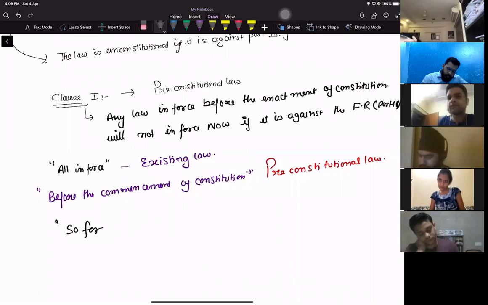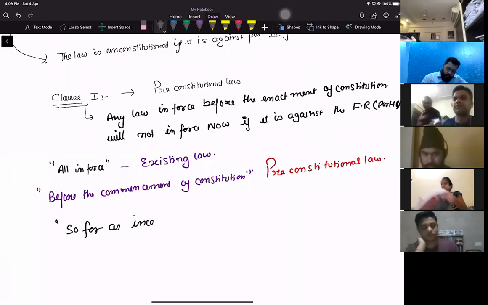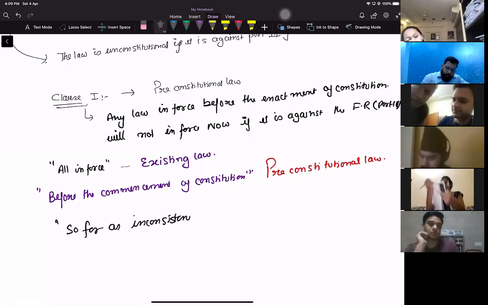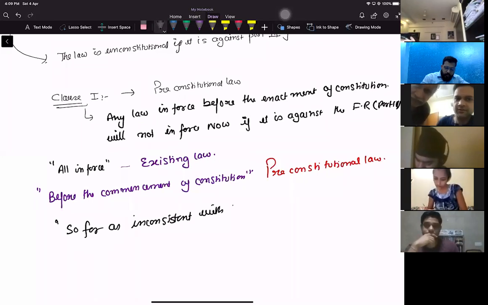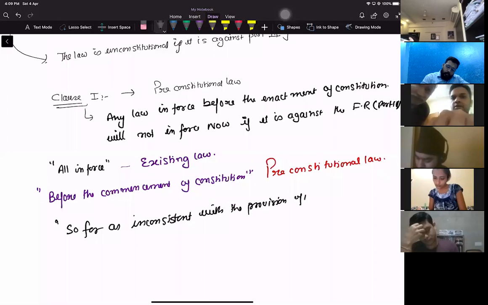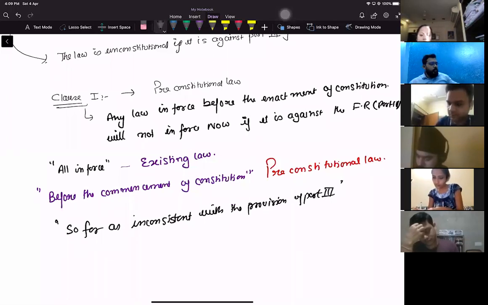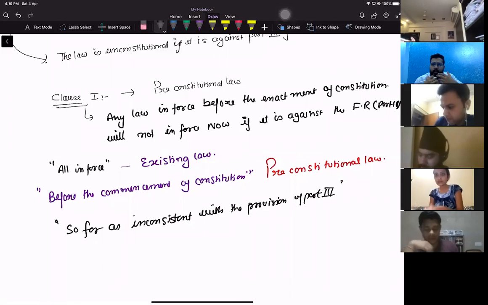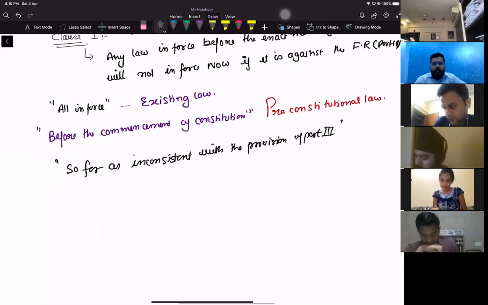So far as inconsistent with the provisions of Part 3. What do you mean by so far as inconsistent? They are not declaring the pre-constitutional laws void as such. They are not declaring the laws void.